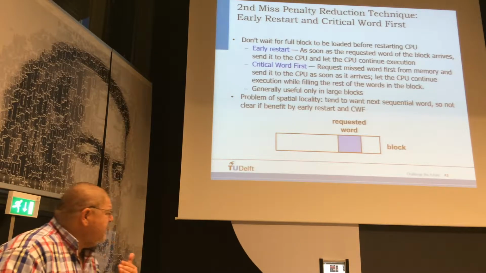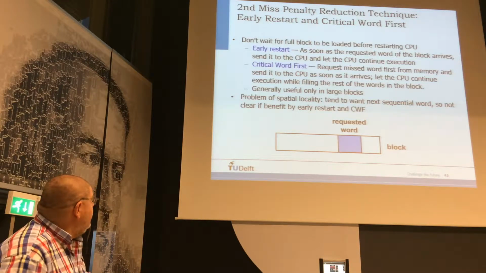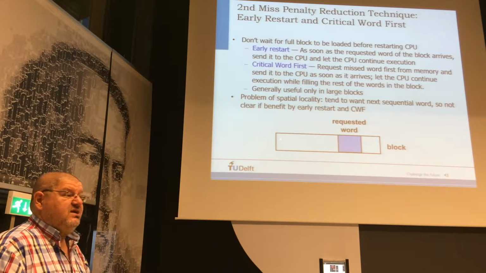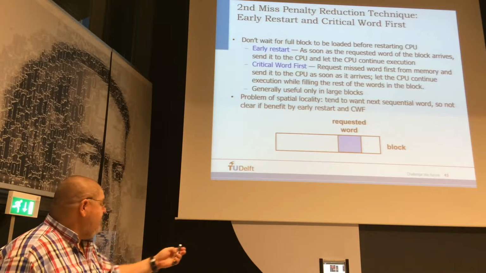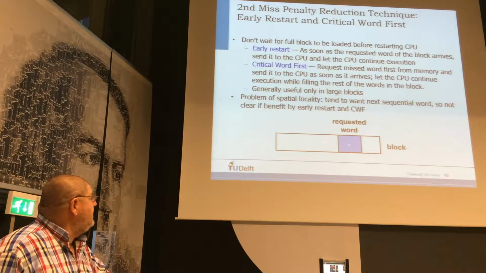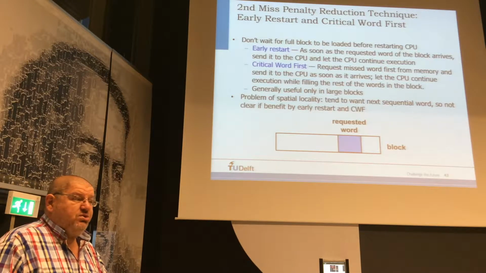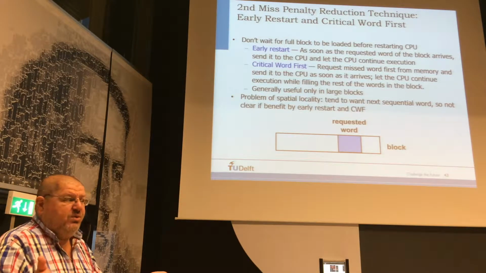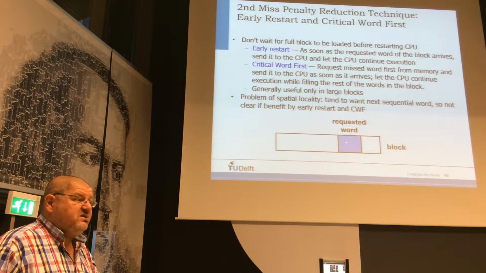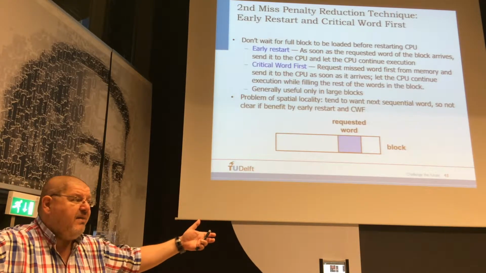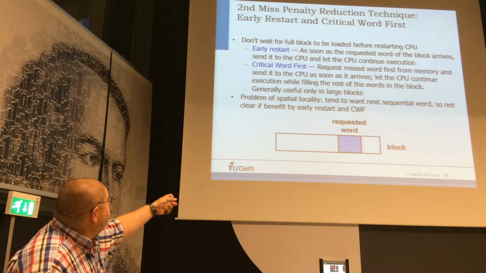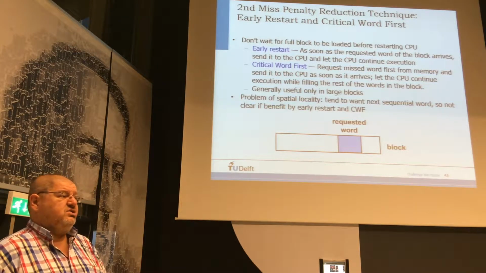Most of the time, what I'm looking for is the first item in the cache line. But if the addresses are not well aligned, I may look for another item. And what the cache controller can do is bring this item first, give it to me, let me run, make me happy, and then fill the rest of the cache line.